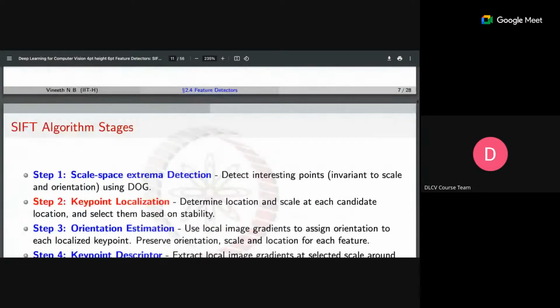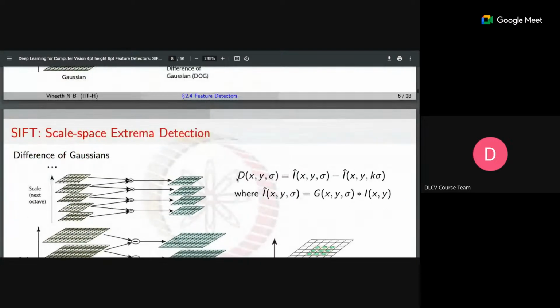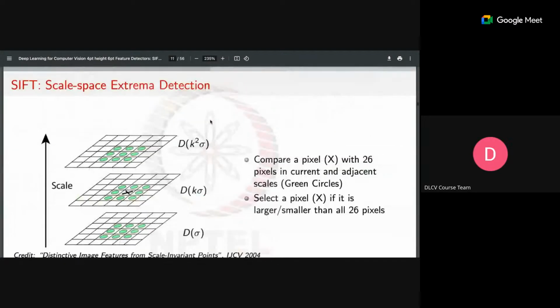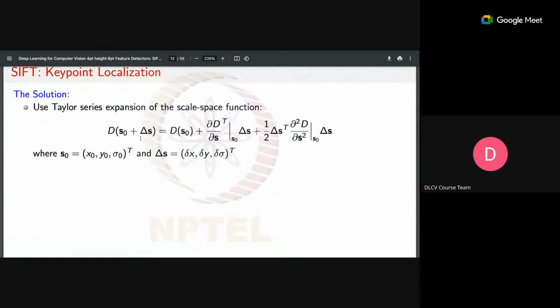So if you see here, you are representing your D. Can you see my screen? Slide 8. Yes, sir. So you are representing your difference of Gaussian as D x y sigma, right? Yes. That D x y sigma we are using here.